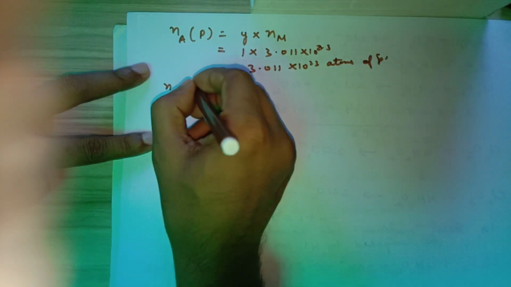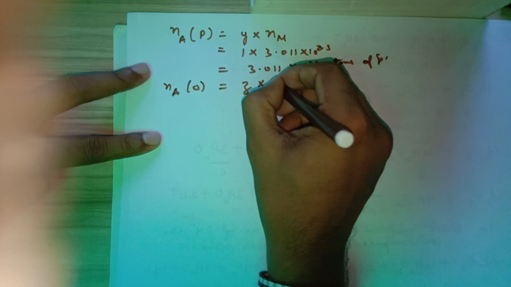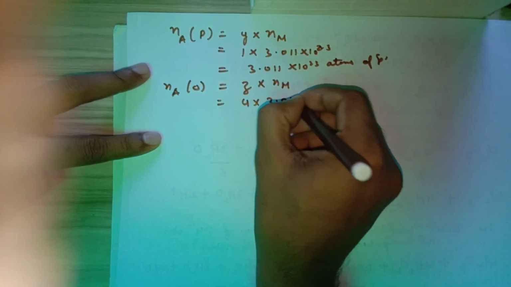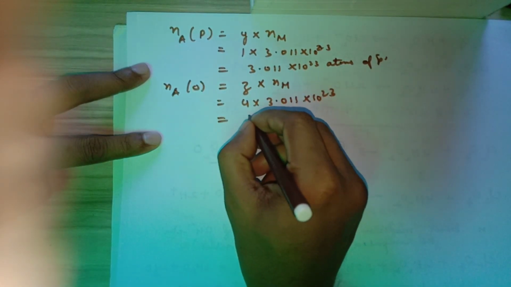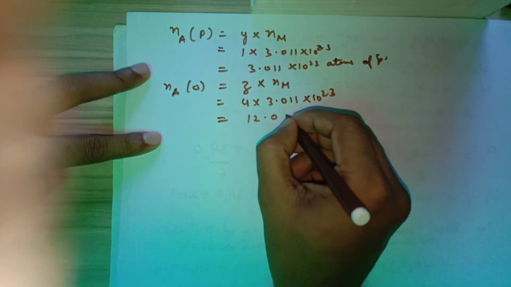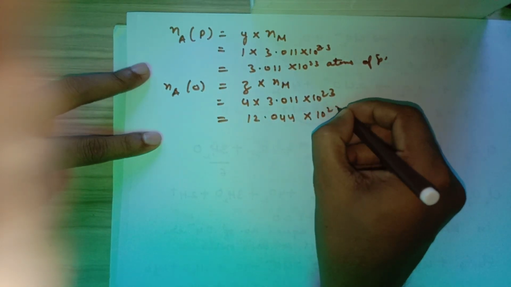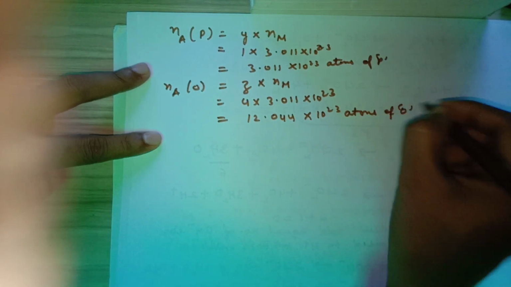Now the number of atoms of oxygen, that is 4, will be Z into the number of molecules, that is 4 into 3.011 into 10 to the power 23, and that will be 12.044 into 10 to the power 23 atoms of oxygen.